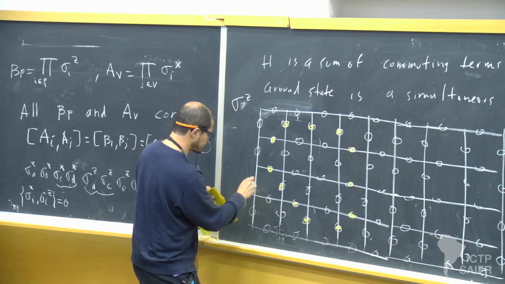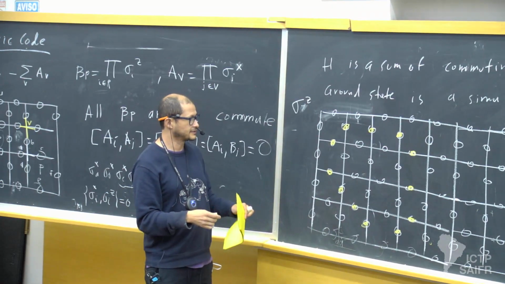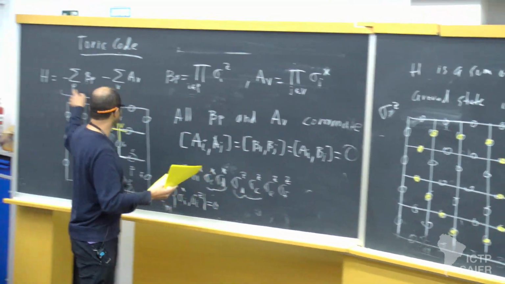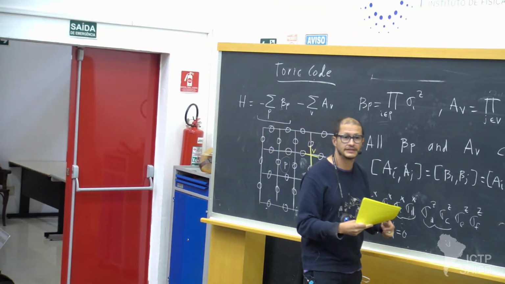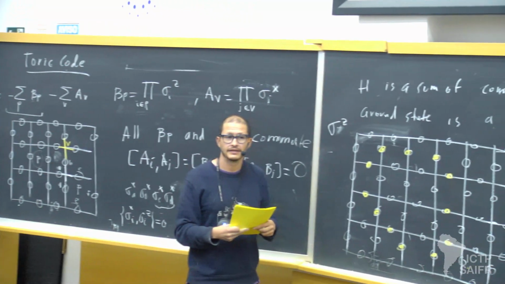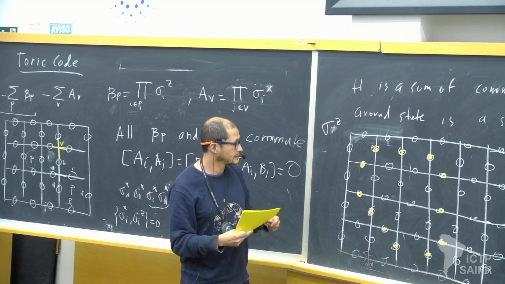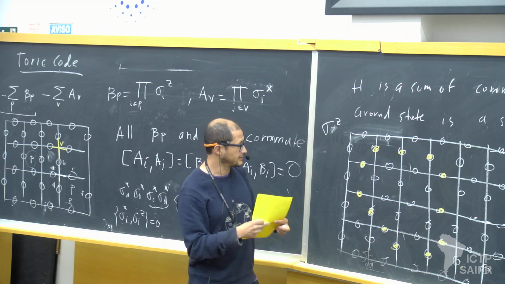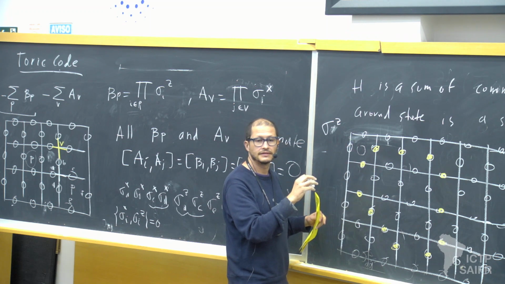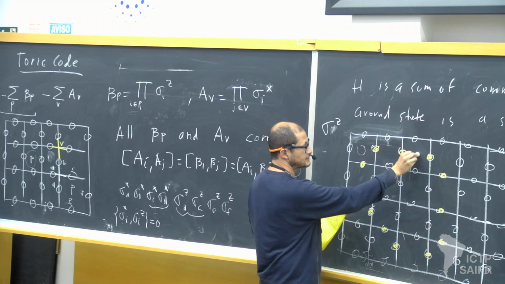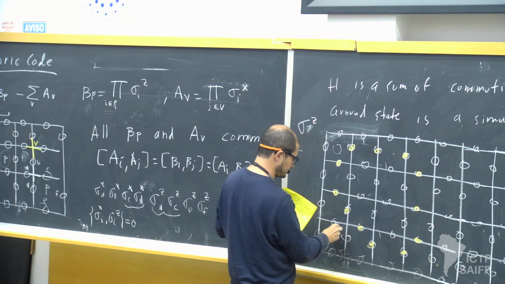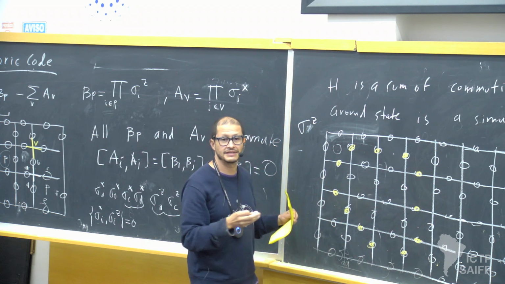Can you tell me if this one is an eigenstate of this part of the Hamiltonian with low energy? If you take a look at the plaquettes, is this plaquette satisfied or not? This one is satisfied, this one is, this one is, all of them are satisfied.